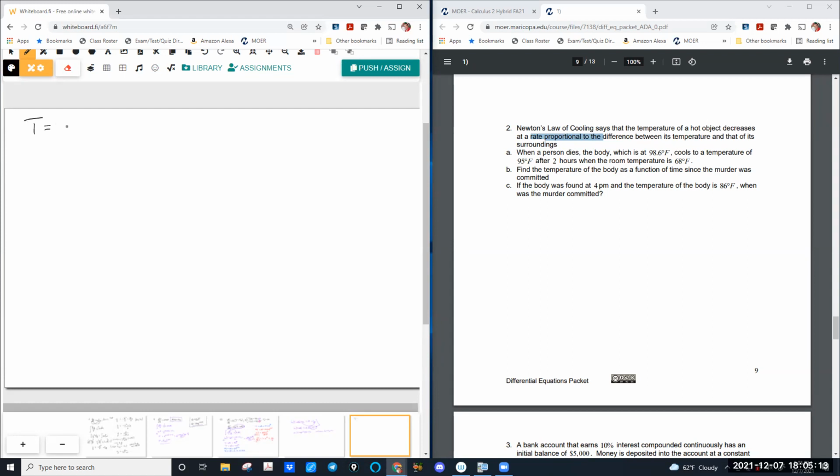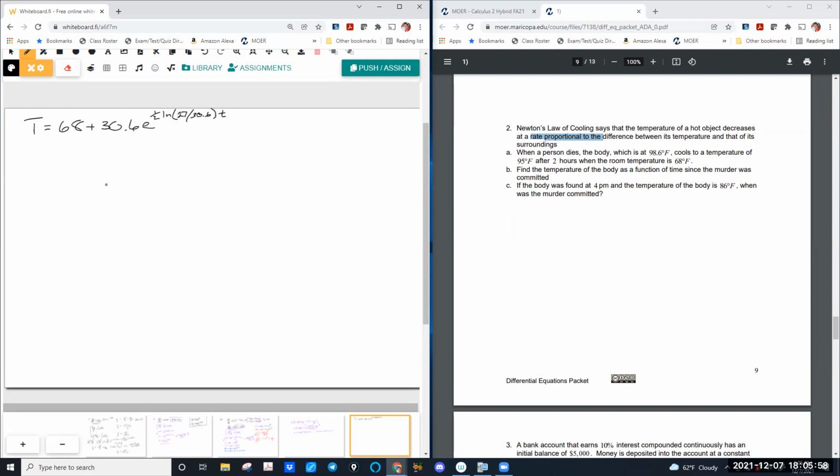T equals 68 plus 30.6 e to the, and this is not the prettiest of numbers, 1/2, instead of dividing by 2, I'm just trying to clean it up a little bit, 1/2 natural log of 27 divided by 30.6, and there's our little t there. This is the unique solution to that differential equation.